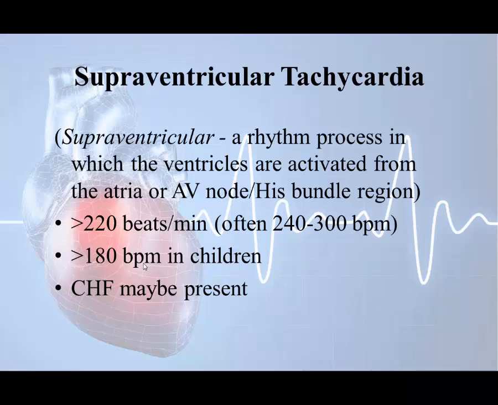So, supraventricular tachycardias. Intrinsic heart rate is greater than 220, that's the intrinsic heart rate of a newborn. SVTs are typically greater than 180 in children and 150 in adults. You may or may not have CHF present.